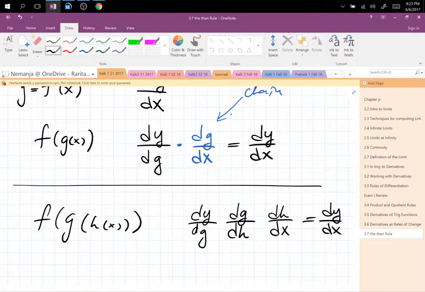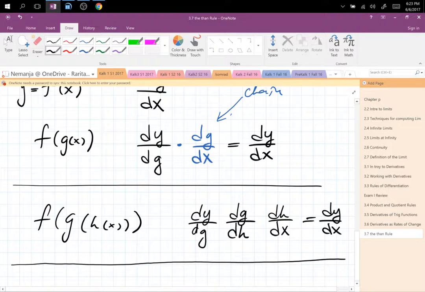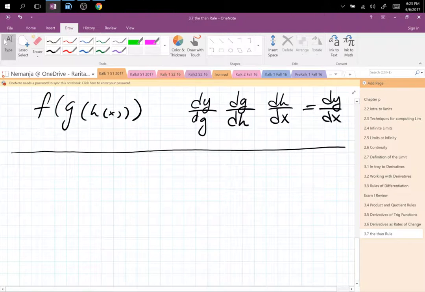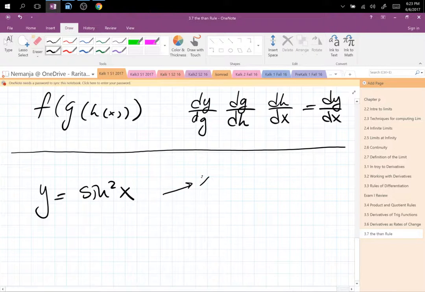Now, I'm not sure if this is making sense as I'm talking in general terms, but I find that students quickly learn it when there are examples. So say you have the function y equals sine squared x, like this. So in my mind, immediately I see the boss function, right? That's the boss. The boss function is x squared, and sine x is plugged inside.